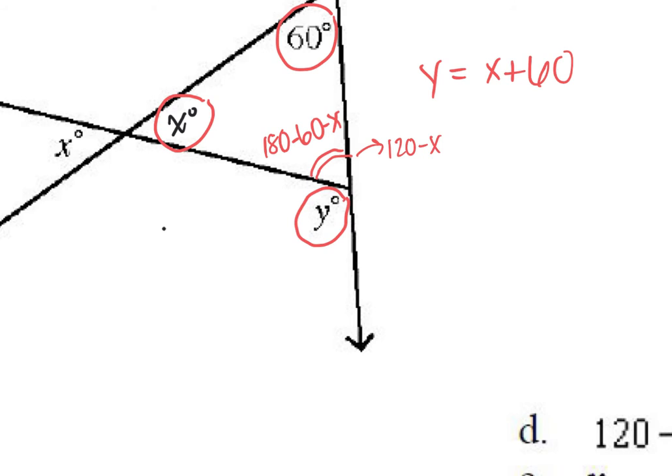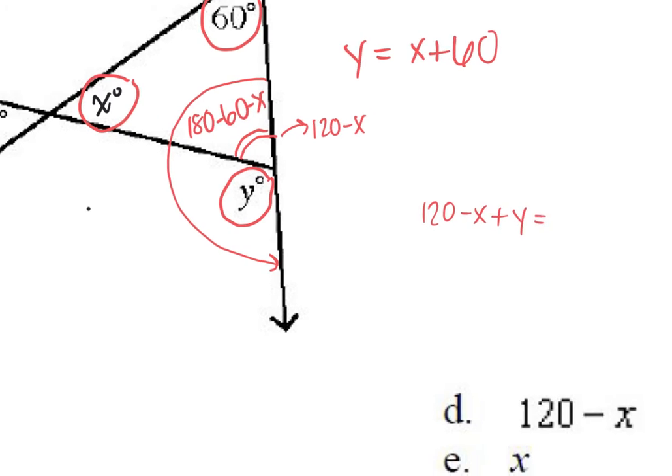Agreed? That's what I thought. Okay, now this whole thing creates a straight line. Do you agree? So those two angles must be supplementary, 180. So 120 minus x plus y equals 180. These two angles added together must equal 180, okay? Now, the way I did it was a lot more confusing, but bear with me.